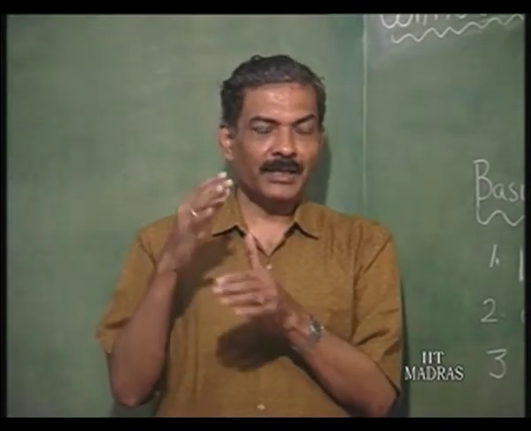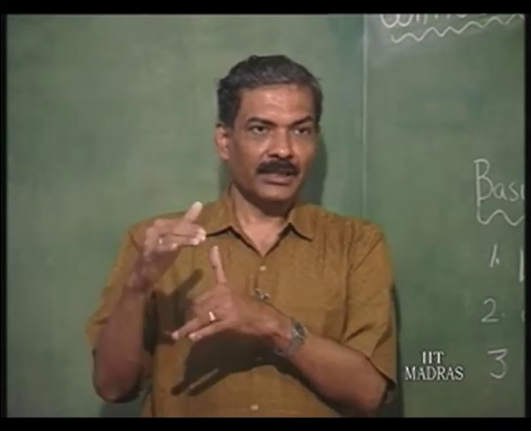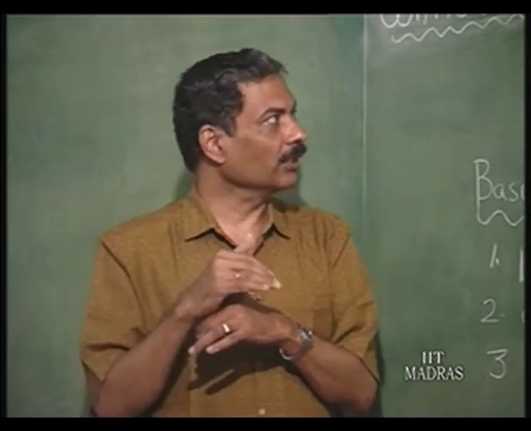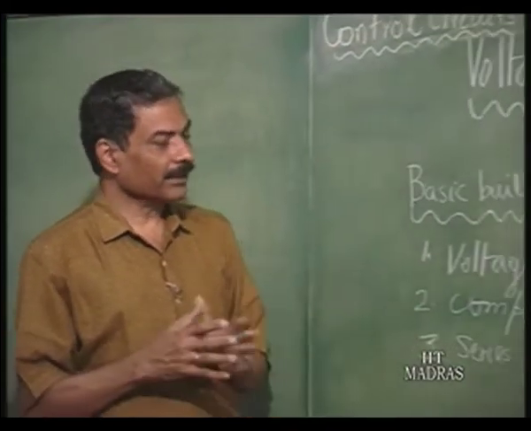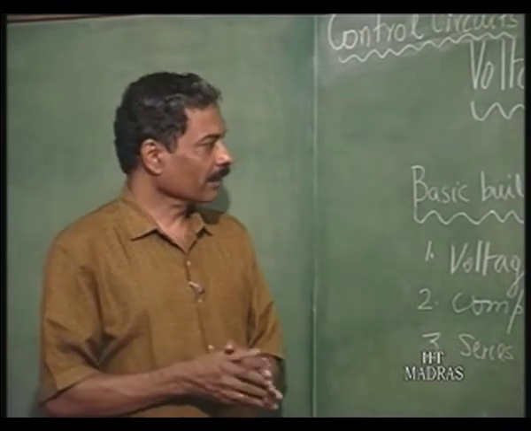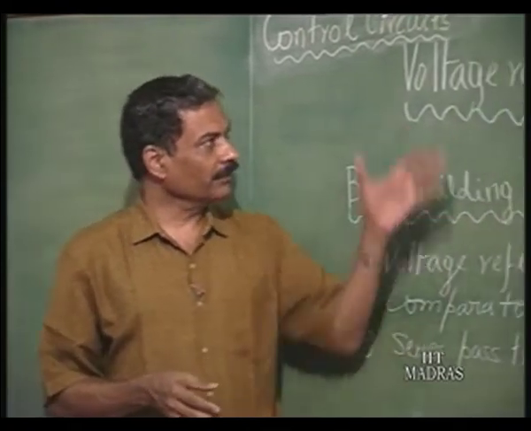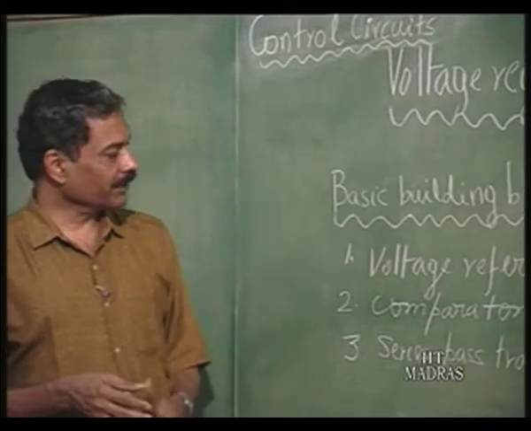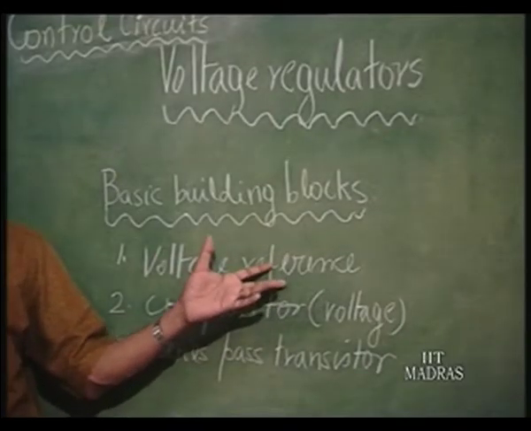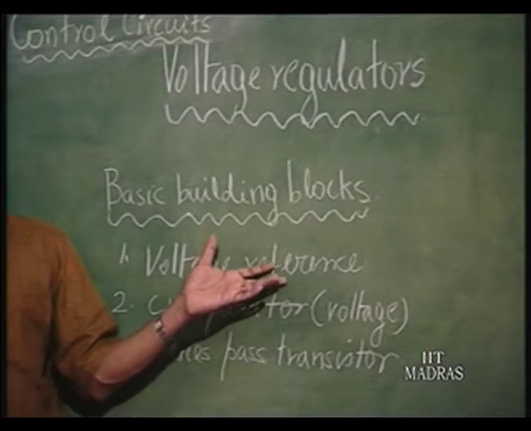Position, you want to maintain the position of a system at a particular point, position control; servo controllers these are called. So, we will discuss such systems that can be built using circuits. The basic building block of this voltage regulator, for example, is going to be a voltage reference. Now, that is the characteristic of any control circuit.